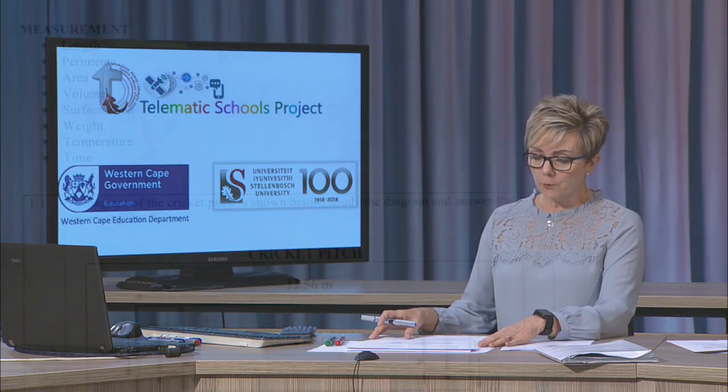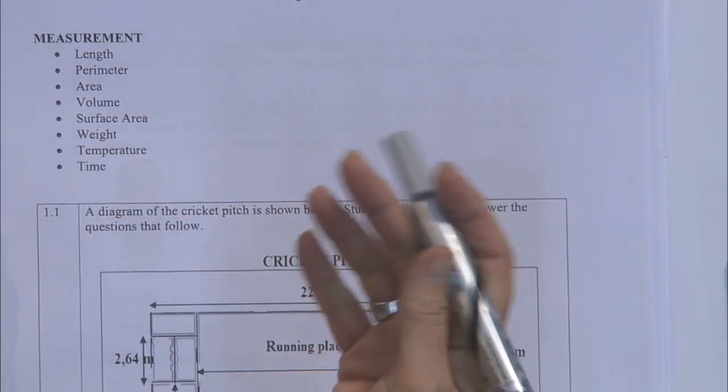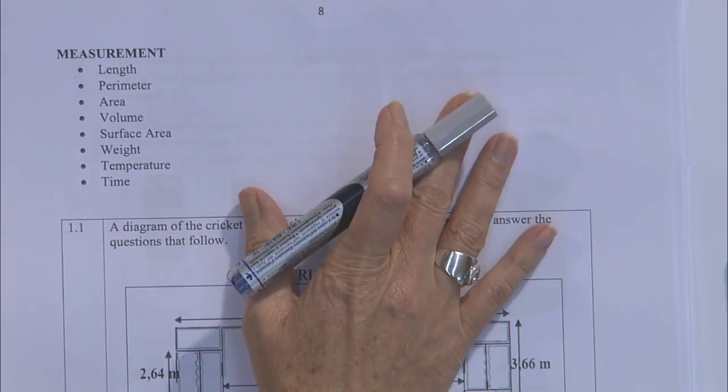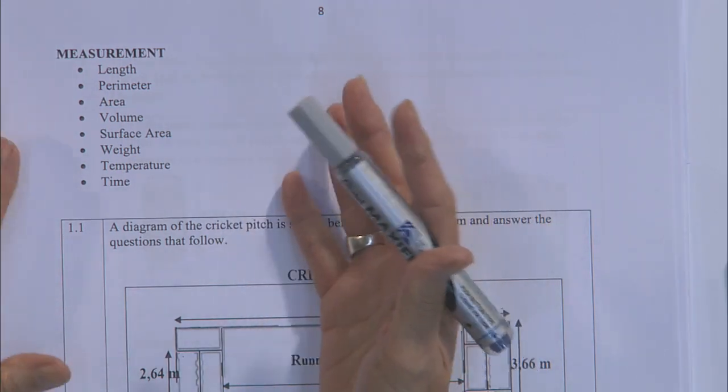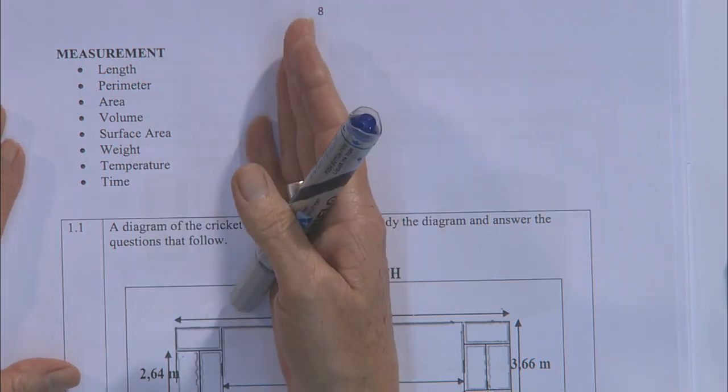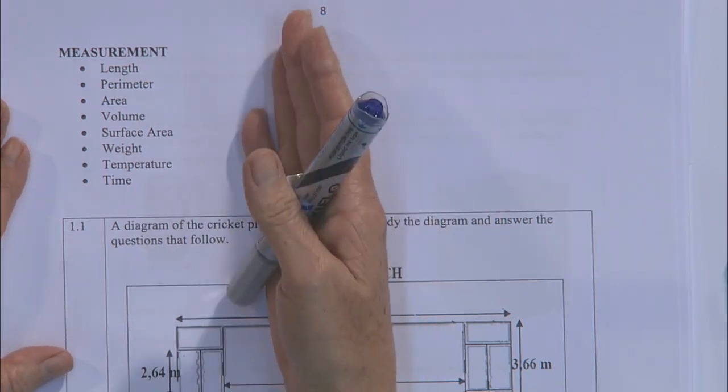Measurement is not just to work out the length and the breadth of objects. So let's have a look at what you can expect in a measurement question. I hope you have the notes that were provided.